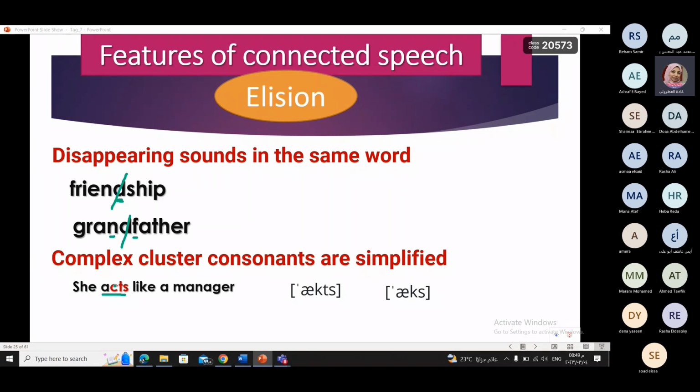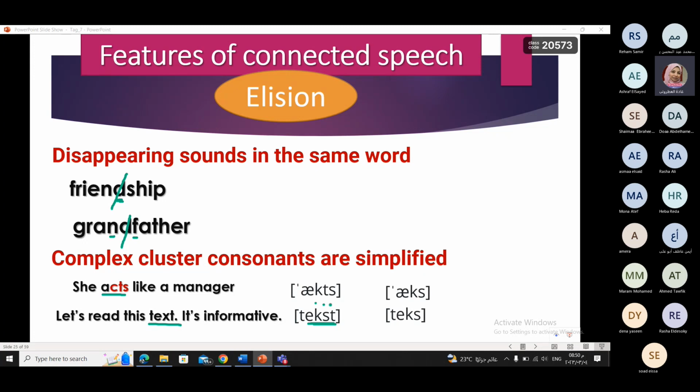And the same in the word text. So this is what we call the consonant cluster. You see how many consonant sounds? The K, S and T together. When I read them it will be very heavy, very difficult for me to pronounce. So I will say text.